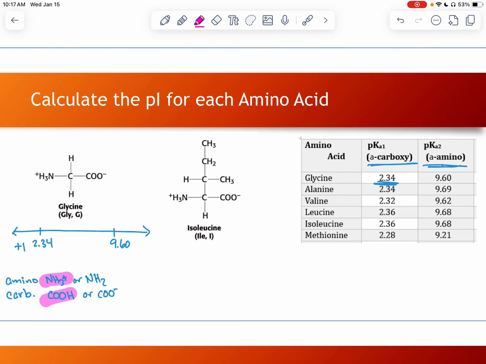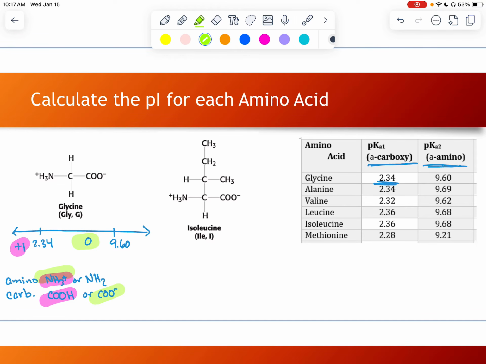All right, let's highlight that. But once I pass that 2.34, I'm going to expect that I've deprotonated this one. So in that middle section, I've still got NH3+ protonated, but I've deprotonated the COO-. So now I have a net charge of 0.